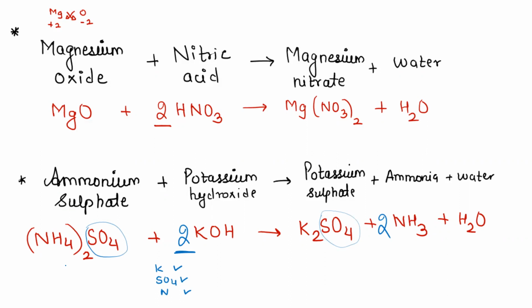How many total hydrogens are there? 4 2s are 8 plus 2, 10. And over here, 3 2s are 6 plus 2, 8. So there are 2 hydrogens more. So 2 2s are 4 and 6 plus 4 is equal to 10. So even hydrogen is balanced. And oxygen. How many oxygens are there? 2. And over here, how many oxygens are there? So that is also balanced.